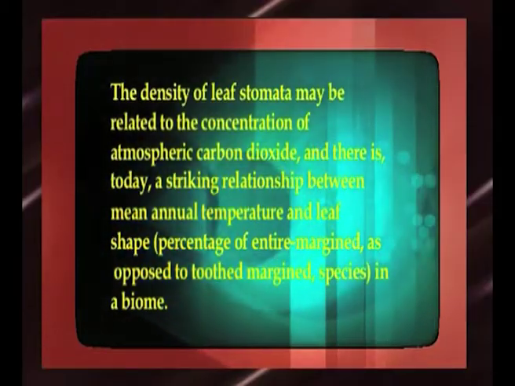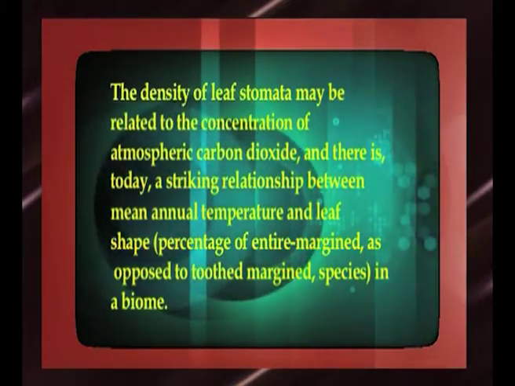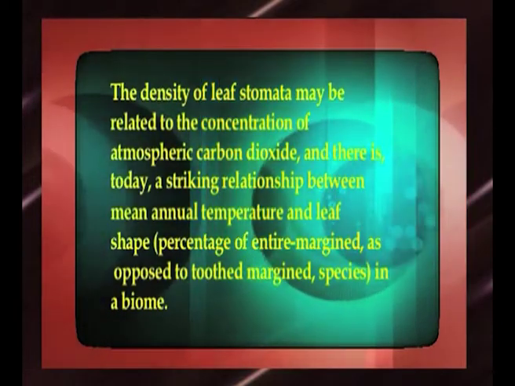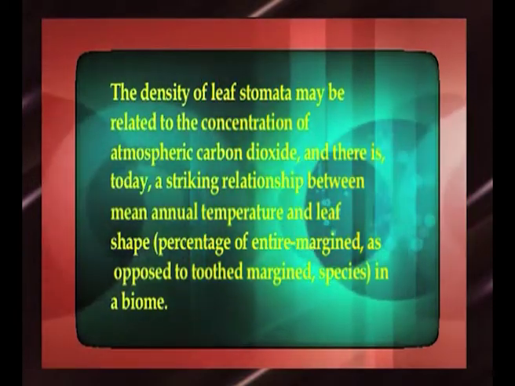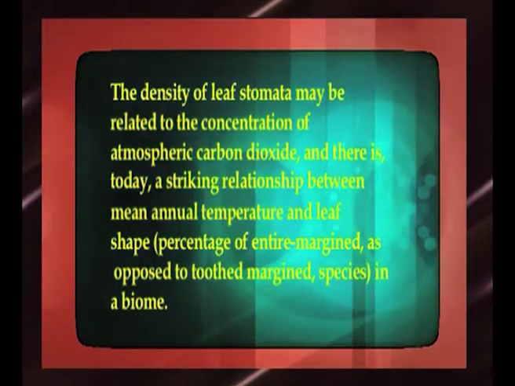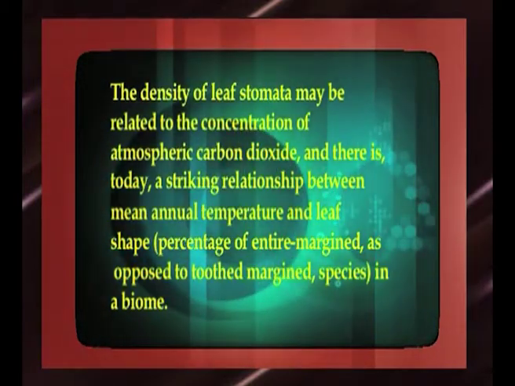The density of leaf stomata may be related to the concentration of atmospheric carbon dioxide, and there is today a striking relationship between mean annual temperature and leaf shape, that is the percentage of entire margin as opposed to toothed margin species in a biome. Entire margin leaves dominate in warm biomes.